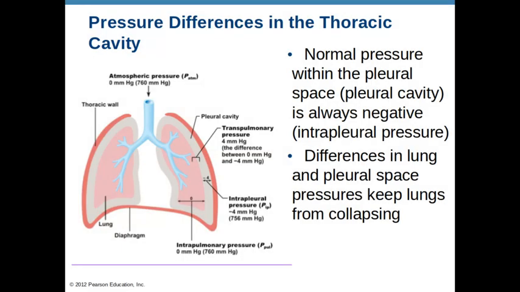When we talk about pressure in the thoracic cavity, this is super important. Here in this pleural space between the visceral pleura and the parietal pleura, you have this intrapleural pressure that we want to remain negative. Basically, that means that these membranes are sucking towards each other or pulling on each other. We call that negative pressure.